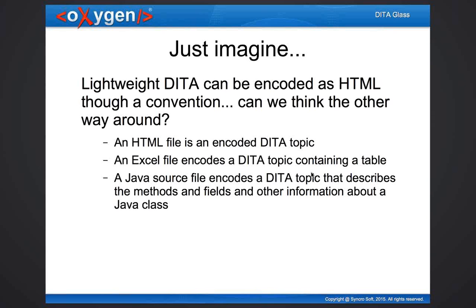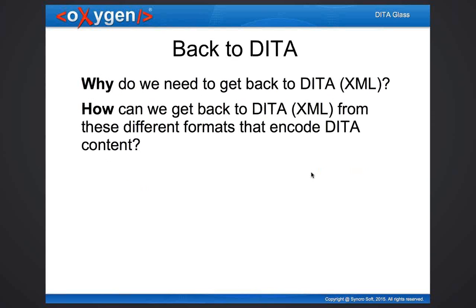So if we look at this and we think, well, these are different ways to encode DITA topics, then we need to think also, okay, we need to get back maybe to DITA, to the standard or normalized, let's say, the standard way of specifying DITA as XML.